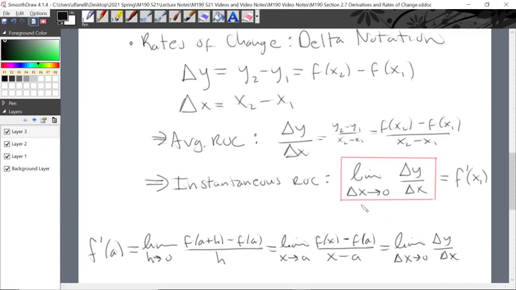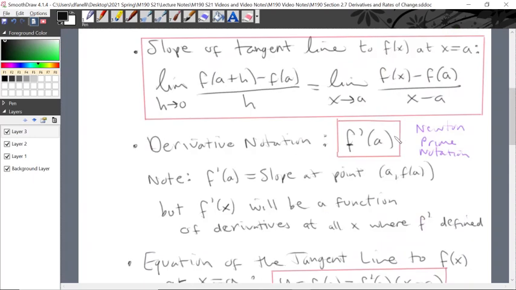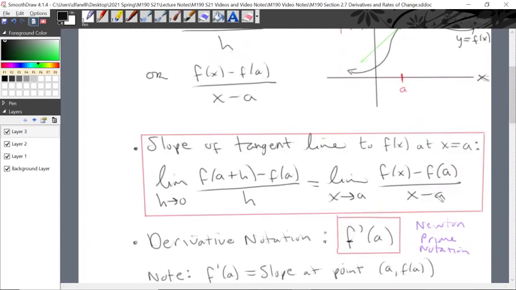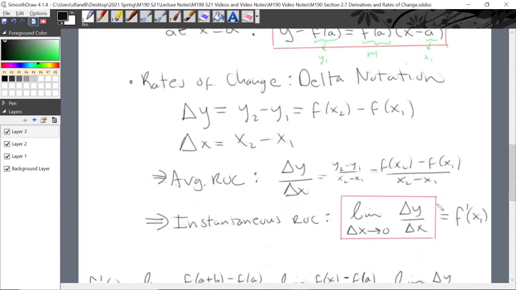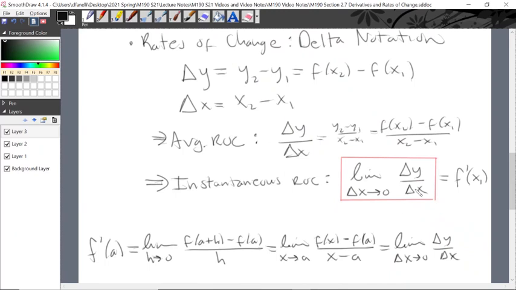In other words, if we can remove any removable discontinuity in the limit, we would plug in a as the value of x. So we'd be evaluating the slope by plugging a into the limit. Okay, so x1 right here, right? x1 takes the place of a in this formula. All right, so this can be interpreted as the derivative of the function f at the fixed point where the input variable's value is x1.